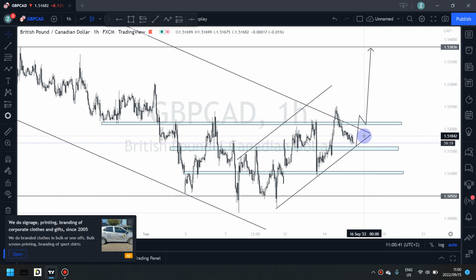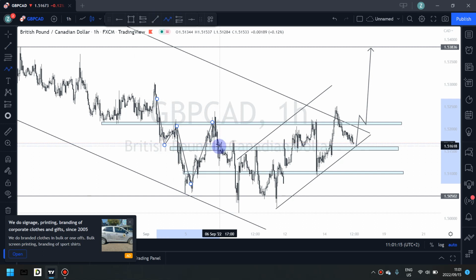So this is the setup that I have. If the market pushes up, gives me a retest on this zone, I then confirm my buy trade with a buy stop order. And I think previously, before I analyzed, I saw an inverse head and shoulders here, right?